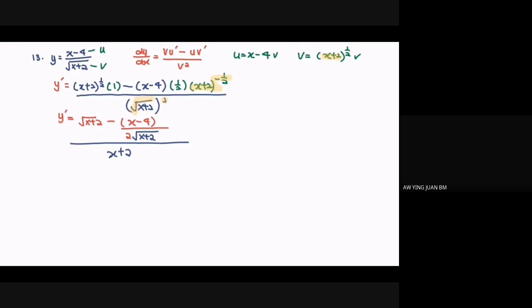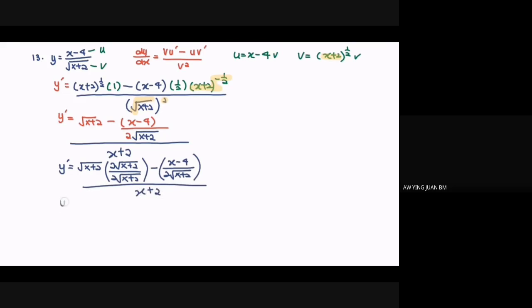So first, focus on the numerator part, equate the denominator. So meaning that y prime will be equals to [square root of x plus 2 multiply with 2 square root of x plus 2 over 2 square root of x plus 2 minus (x minus 4) over 2 square root of x plus 2] over x plus 2. Simplify the situation.